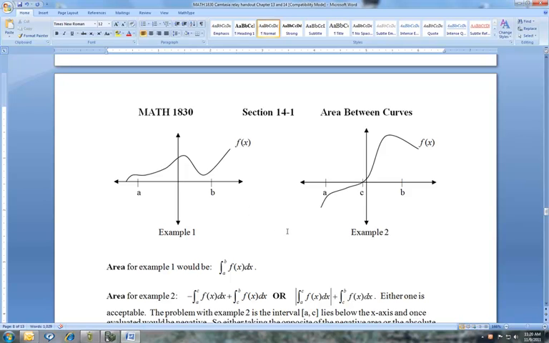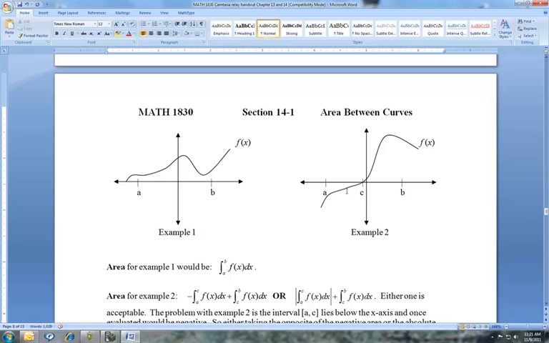Now, your first job, regardless of the problem, is to graph it, because in example 1 and example 2, we have to work the problems in a totally different way. In the first one, since my curve lies completely above the x-axis from A to B, from my lower limit to my upper limit, I can do the problem exactly how we did in the last section, 13.5.